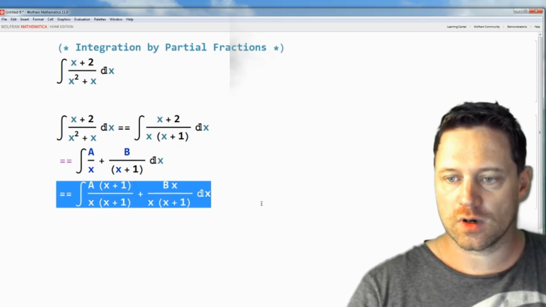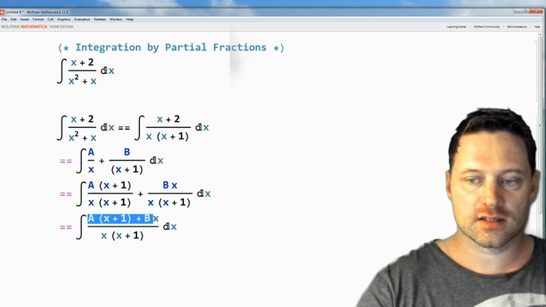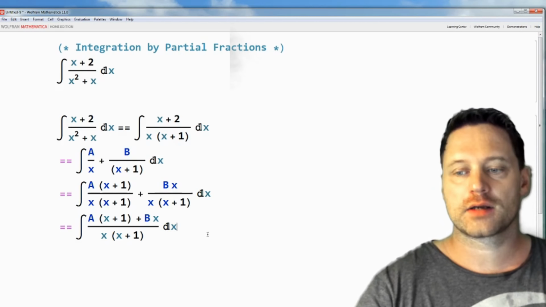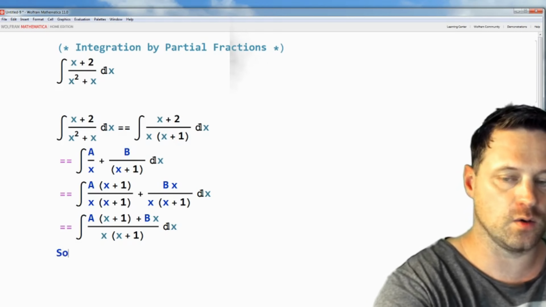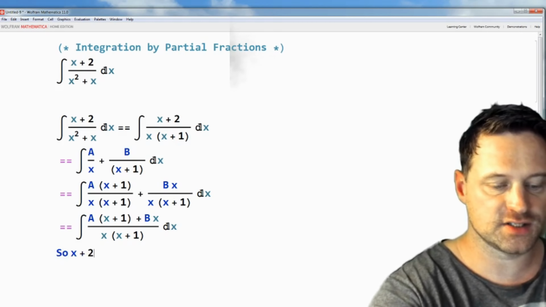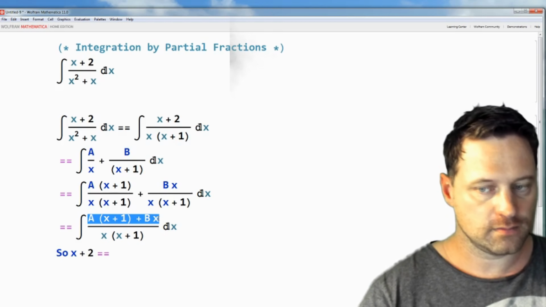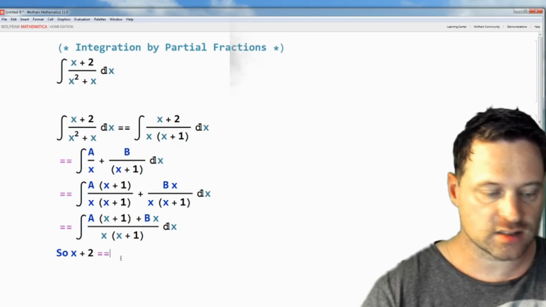Now that we have that, we can compare this numerator right here with this numerator right here. So we say x plus 2 is A times (x plus 1) plus Bx.